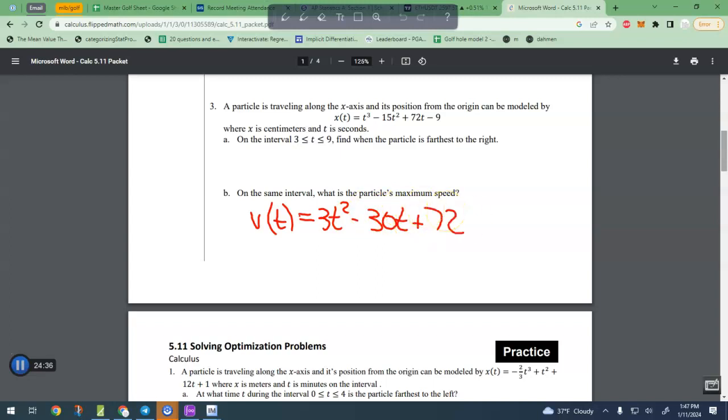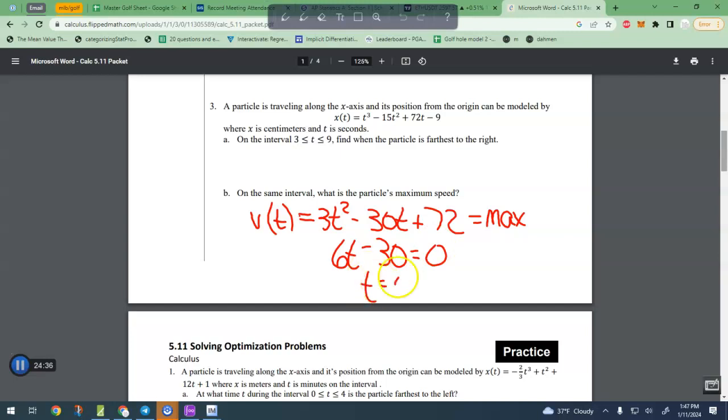So I want this to be as big as possible. It's got one variable in it, so I'm good to start with my derivative process. What tells us the max is? The derivative, right? So 6t minus 30. And I don't know what the max is, I know it's a number. What's the derivative of any number? 0.